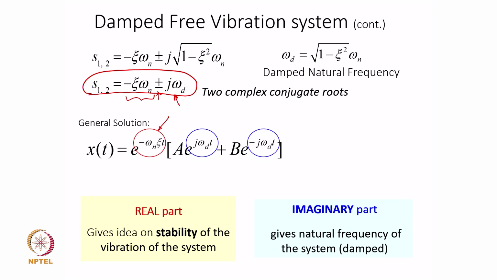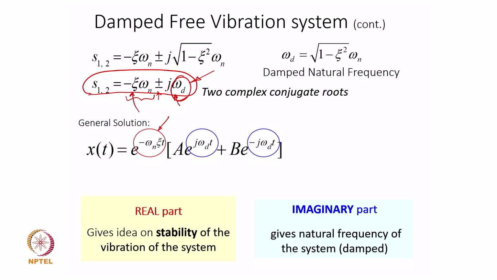It is not only for getting the natural frequency estimation, as you see, because the complex eigenvalues or complex roots will give you an idea of the natural frequency of the vibratory system, but the real part gives us an idea about the stability of the system.